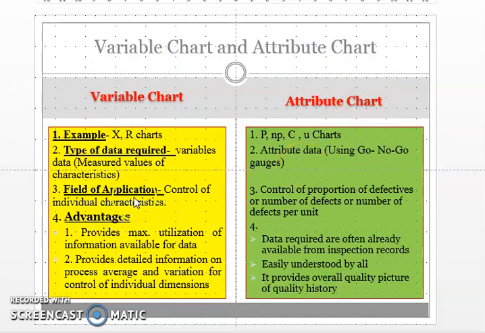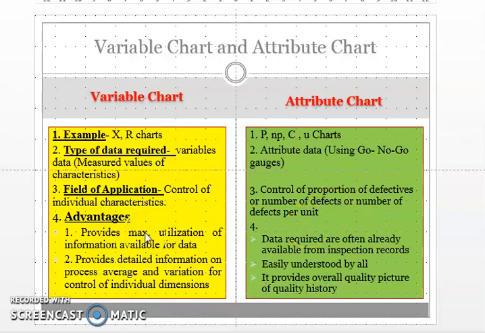Means, to draw a variable chart you need variable data, and to draw an attribute chart you need attribute data. Next, the field of application. The variable chart is used to control individual characteristics; those characteristics must be within control. The attribute chart is used to control the proportion of defectives, number of defects, or number of defects per unit.